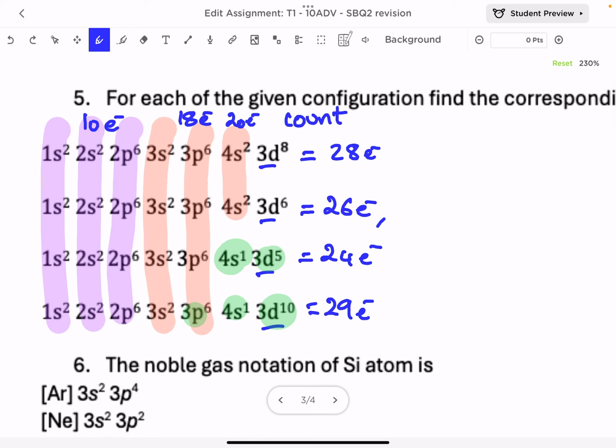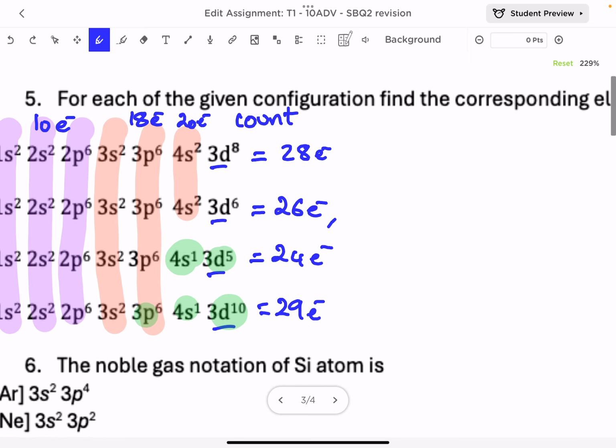And now we go to the periodic table. Who's the 28 electrons? The 28 electrons is nickel. The 26 electrons belongs to iron. The 24 electrons is an exception for the electron configuration rules.